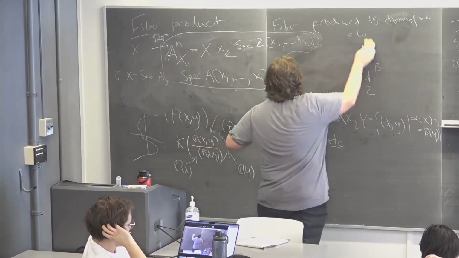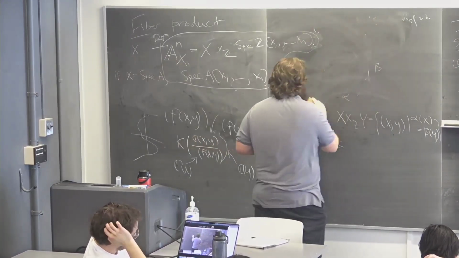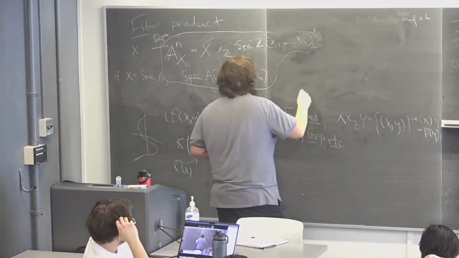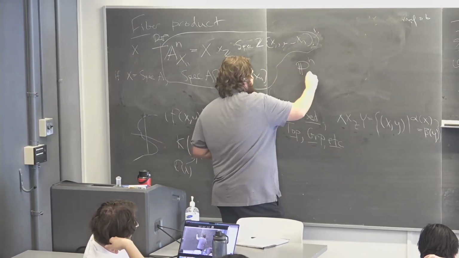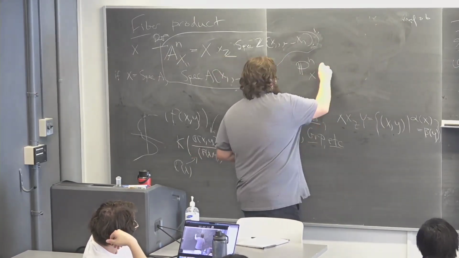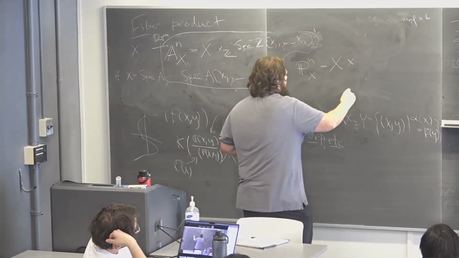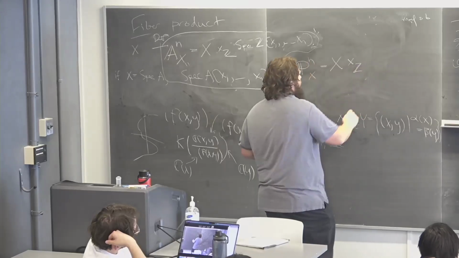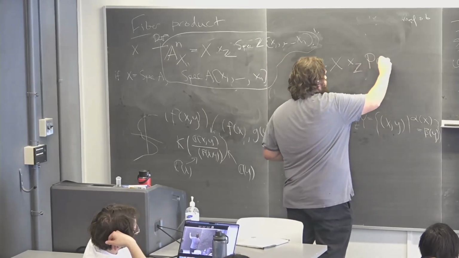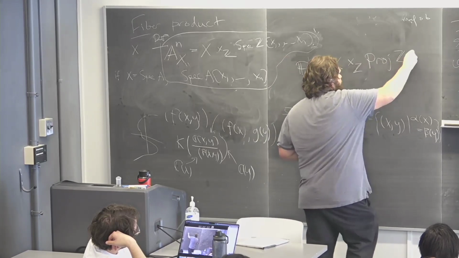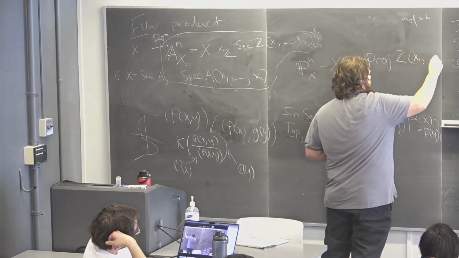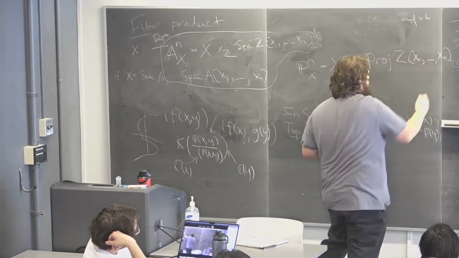Or for example, another thing that people often want to consider would be P^n of X, right? And again, I take X, I take the product over Z, but now instead of Spec, I put Proj of Z[x_0 up through x_n].